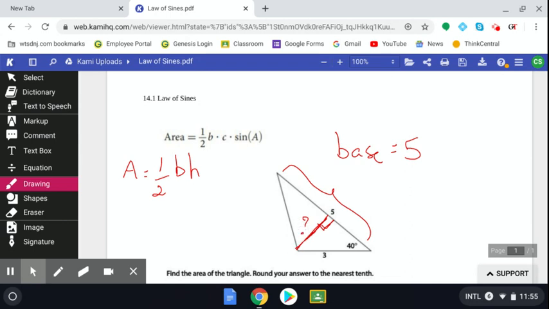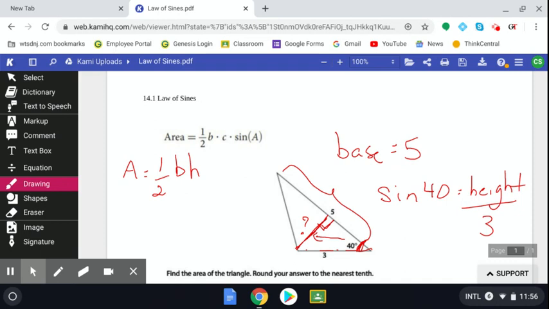I don't know what it is right now, but I can say that if I work from this angle's perspective, that side would be opposite, and 3 would be the hypotenuse. So I could say that sine 40 is equal to the opposite side, which would be the height, over the hypotenuse, which in this case is 3.